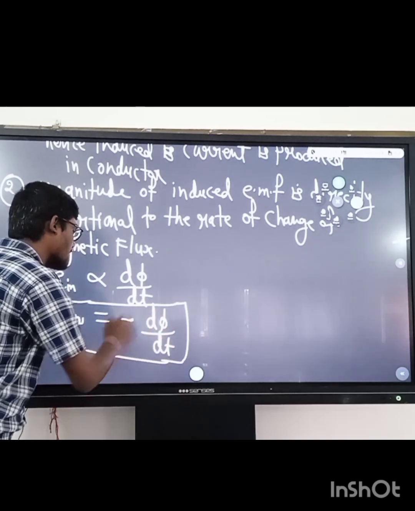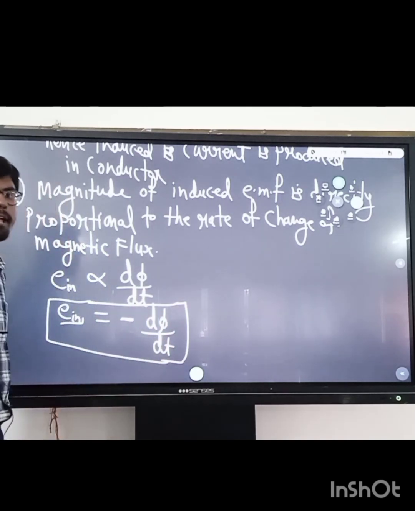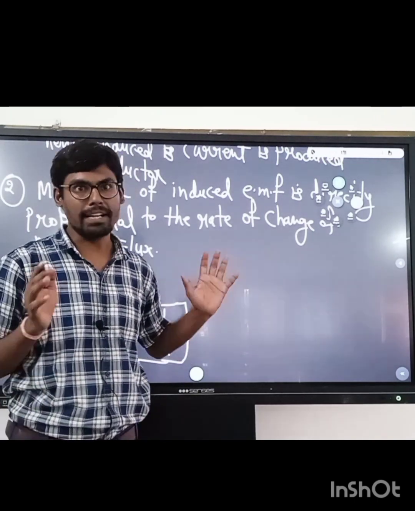So why is there a minus here? Because the induced EMF opposes the change in the magnetic flux. Whatever induced EMF is produced, that will oppose the rate of change of magnetic flux. That's why there is a negative sign. Okay, so this is Faraday's law of electromagnetic induction.